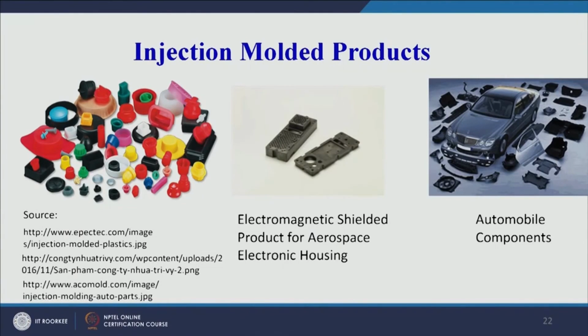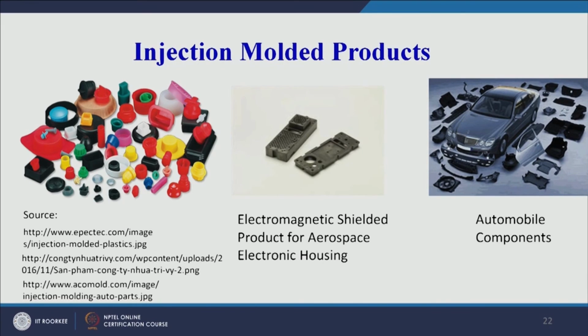On your screen now you have the injection molded parts. The source is also given. In an automobile, all of us travel in cars, so many parts are made by the injection molding process. Similarly on the left hand side, these colored parts, so many household domestic parts can be made by the injection molding process.